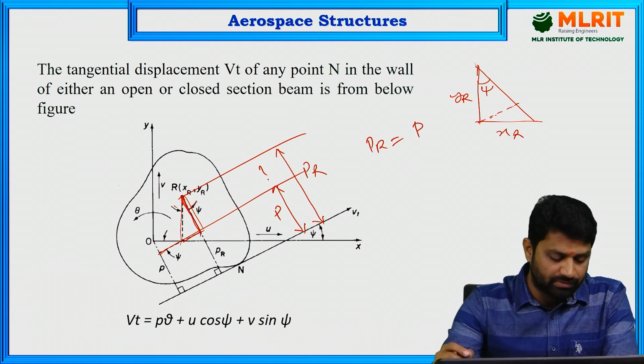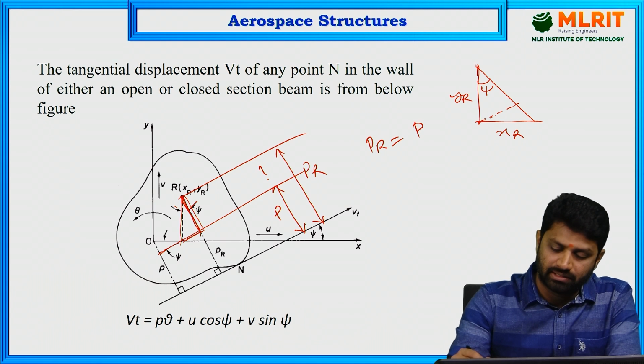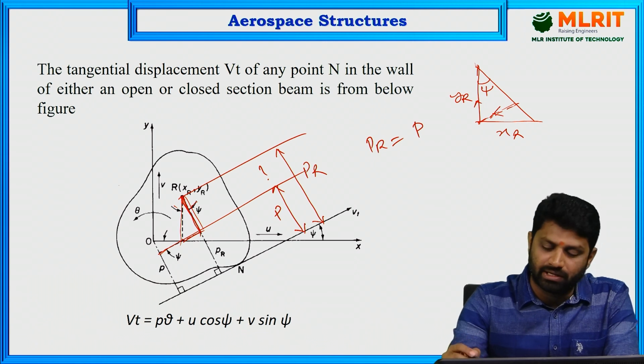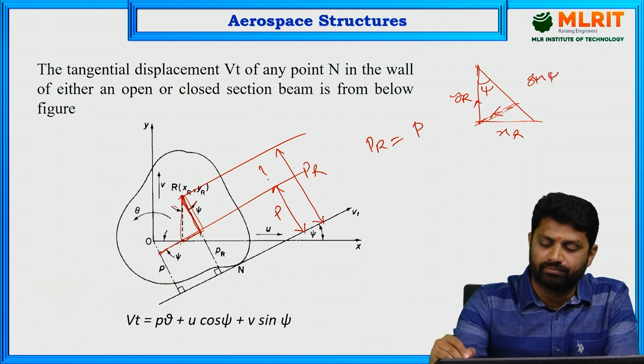Now from this diagram, you can consider Y as positive and X as negative, and usually this component of displacement is taken as sin psi. If you apply sine, opposite over hypotenuse, that is XR by hypotenuse.